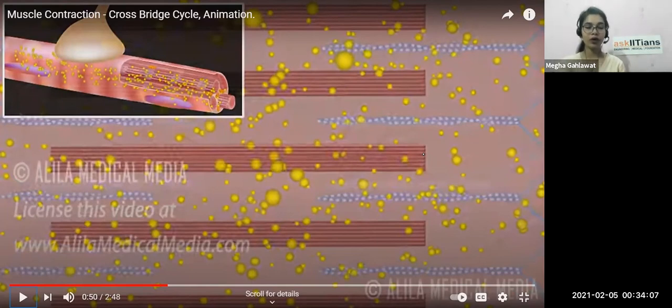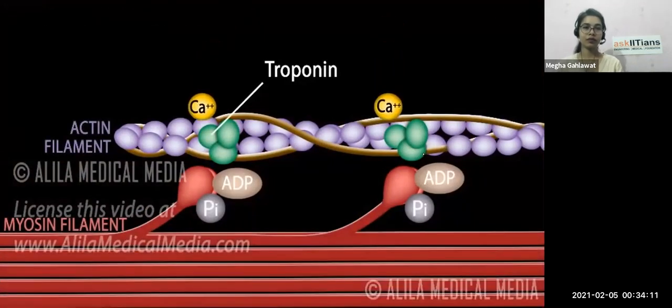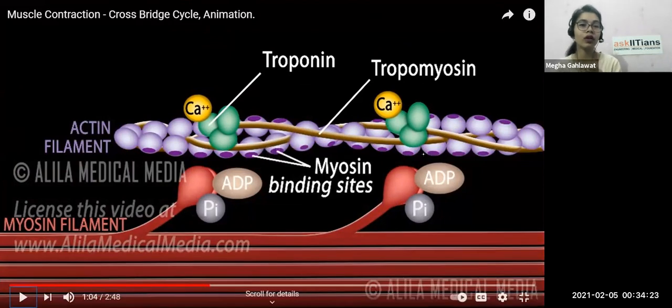Moving forward. The troponin units on the actin myofilaments are bound by calcium ions. The binding displaces tropomyosin along the myofilaments, which in turn exposes the myosin binding site. See, the troponin and the tropomyosin that we're talking about right here are the proteins present alongside the muscle fibers.